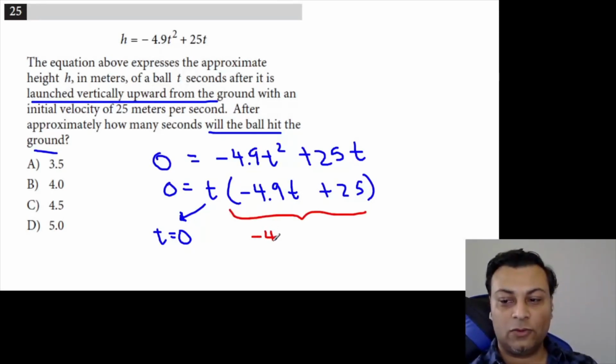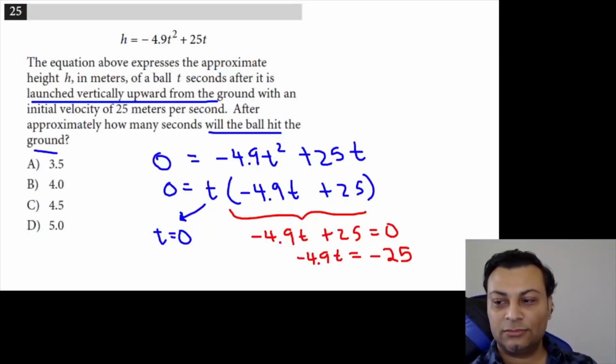So negative 4.9 t plus 25 equals 0. Subtract 25, you get negative 4.9 t equals negative 25. And then now, all we have to do is divide both sides by negative 4.9.